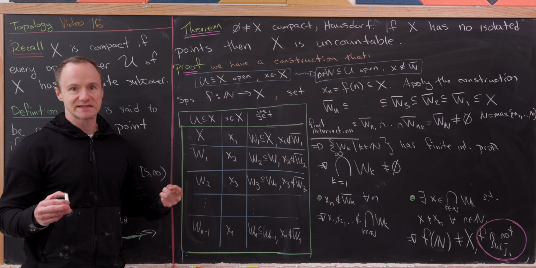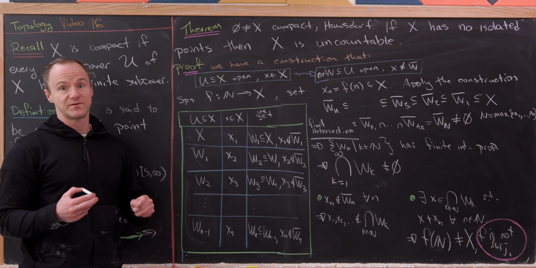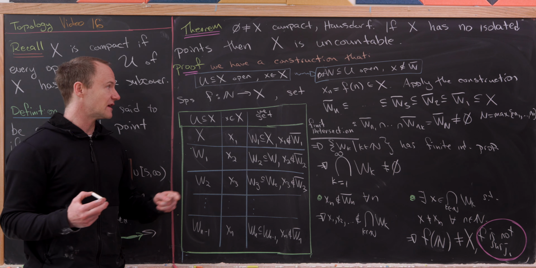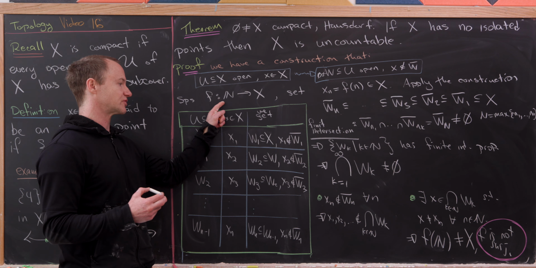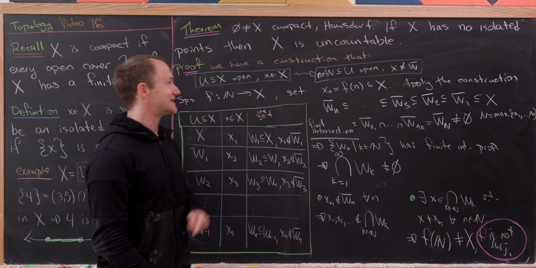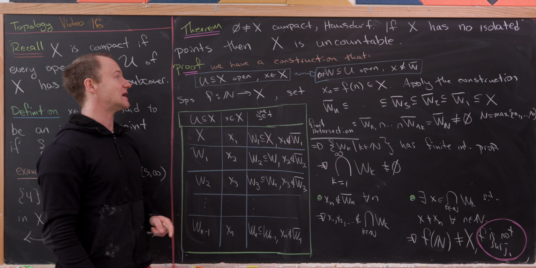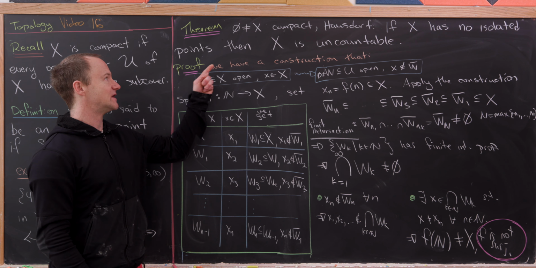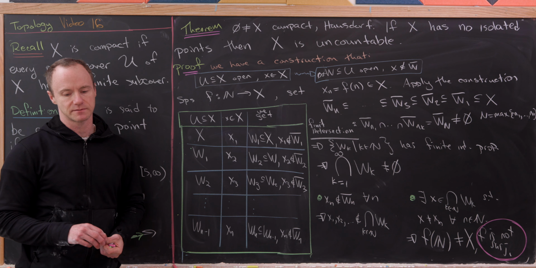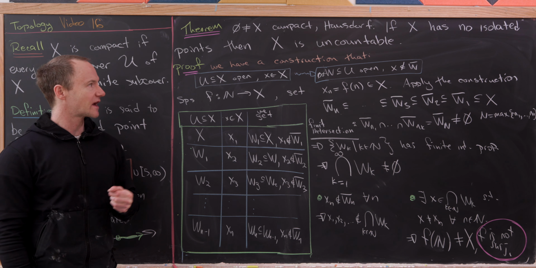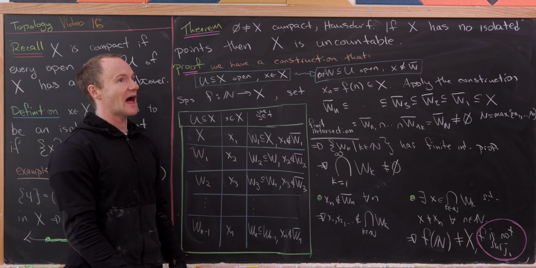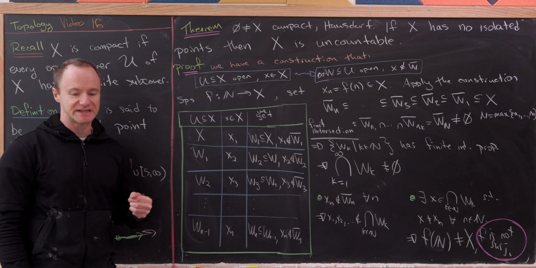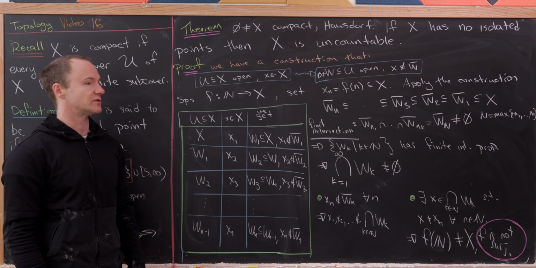But what defines countability? A set is countable if and only if it's in bijection with the natural numbers. We just showed that it's impossible for X to be in bijection with the natural numbers, meaning by definition, X is uncountable.